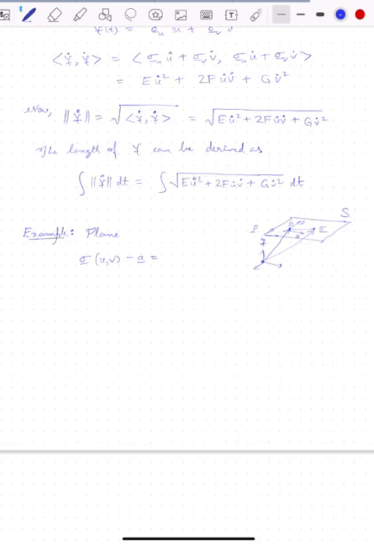So all we will have is u P vector plus v Q vector. Because of which you can rewrite it as A vector plus u P vector plus v Q vector, where P and Q are orthonormal to each other, orthonormal unit vectors.